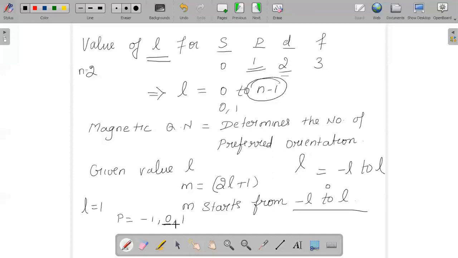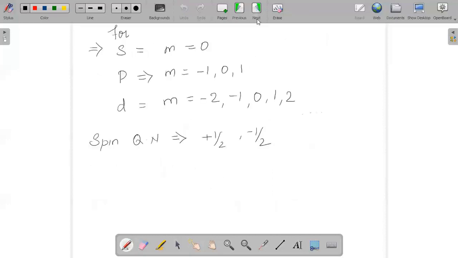This magnetic quantum number will help you find the preferred orientation. And the last quantum number is your spin quantum number. We do not have much detail or any calculation for that, because it will rotate either clockwise or anti-clockwise.